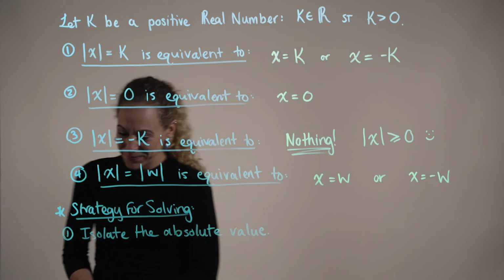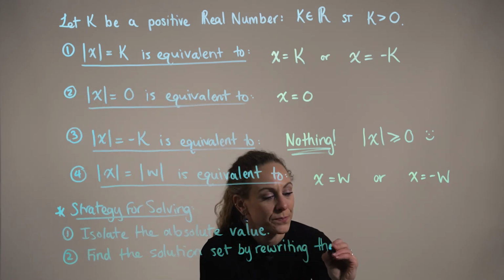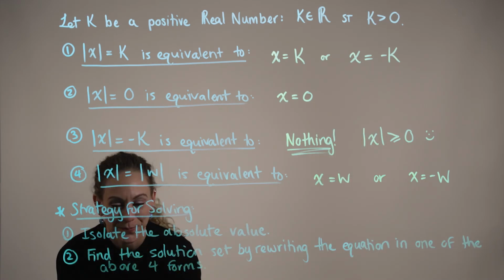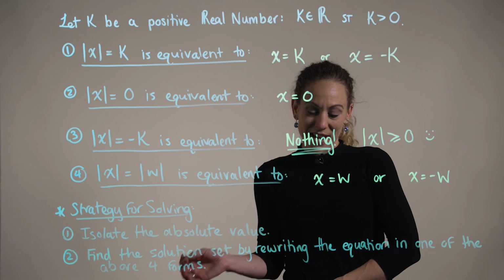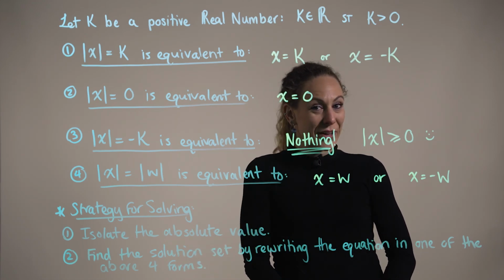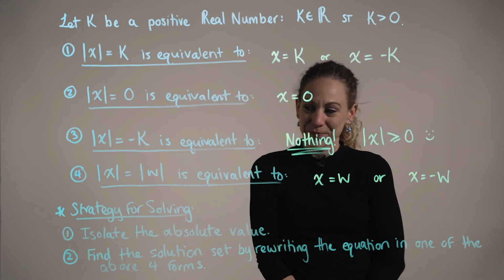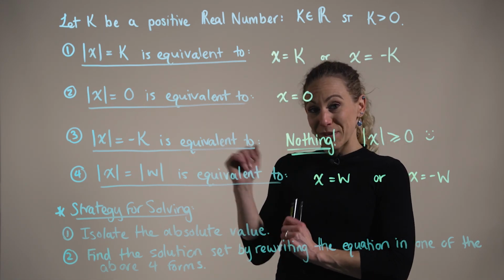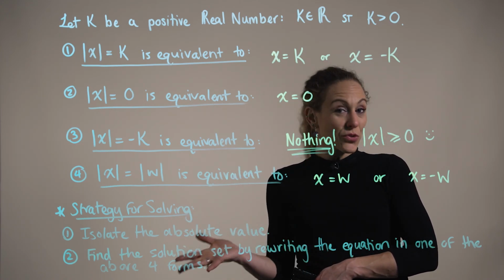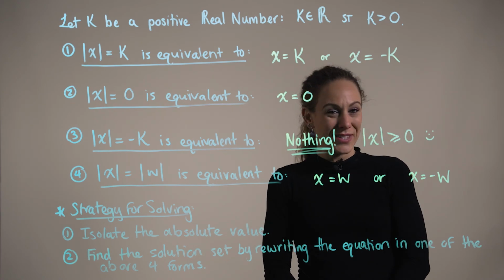Step 2, we can now find the solution set by rewriting our absolute value equation in any one of these four forms. Now that we have our four properties of absolute value equations, as well as some strategy to help us solve, let's put this to the test with some examples.